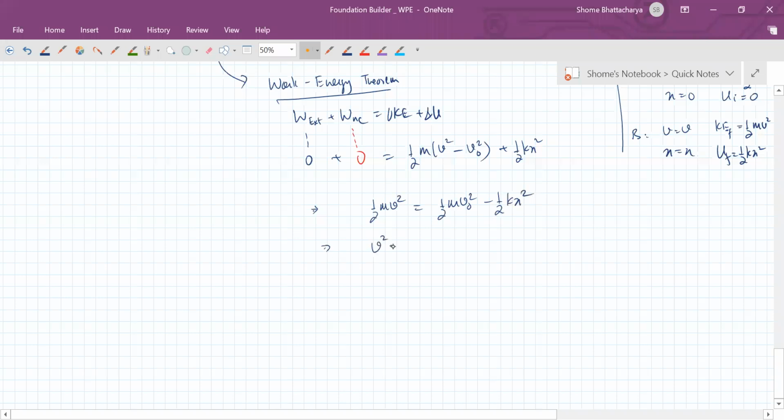So we can write v square is equal to v naught square minus k by m into x square. So the speed as a function of x will become square root of v naught square minus k by m x square.